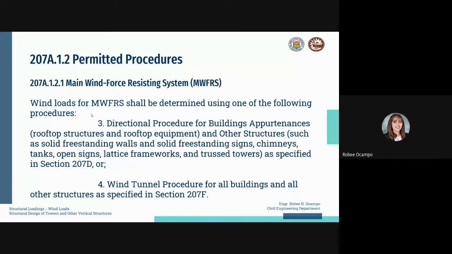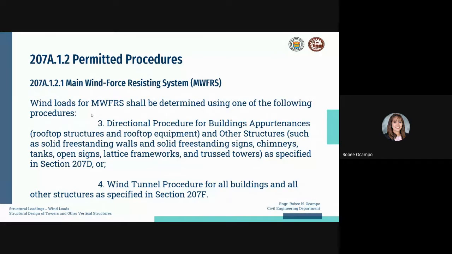So dito lang tayo focus, okay? So for this course, we're going to focus only on this directional procedure. So sa section 207D lang tayo magpo-focus ng ating computation. But of course, for the general provisions, we have the 207A. Okay?